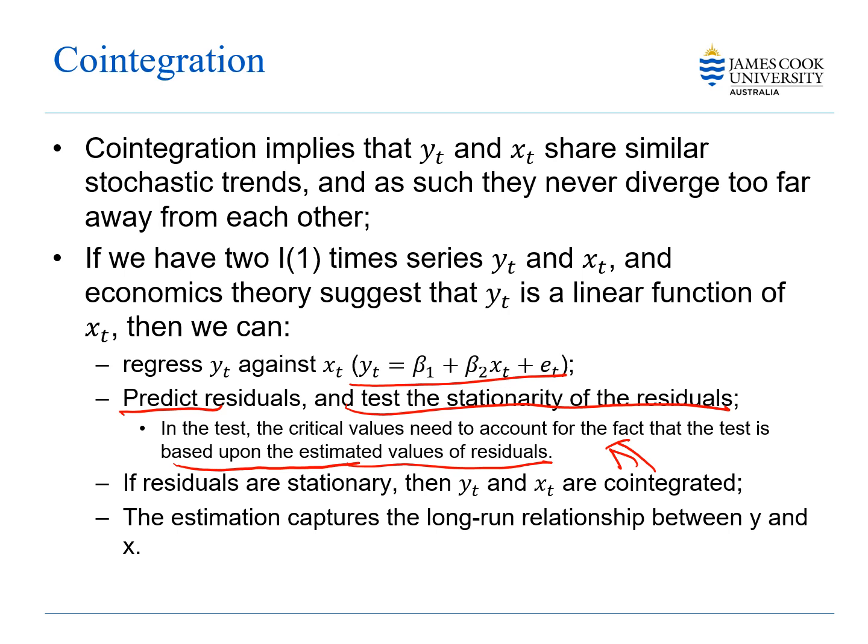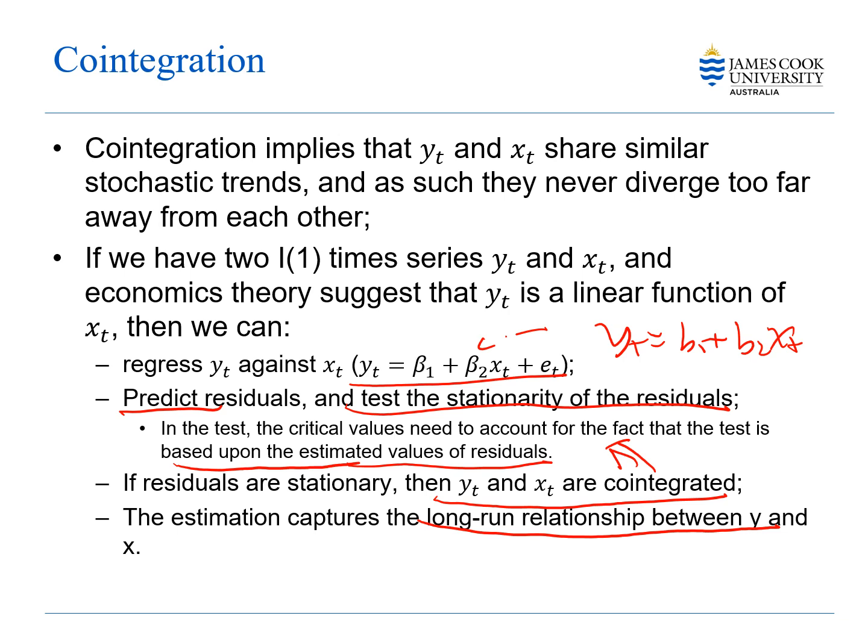So if the residuals are stationary, then we can conclude that yt and xt, or yt and x1t, x2t, xkt are co-integrated. And this estimated yt, say b1 plus b2 xt, this equation captures a long-run relationship between y and x. Okay.